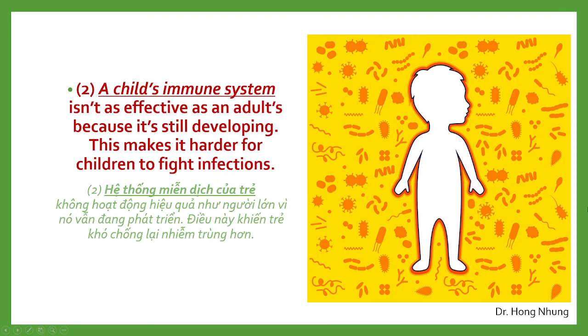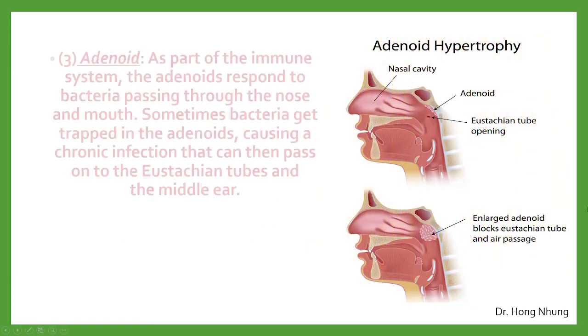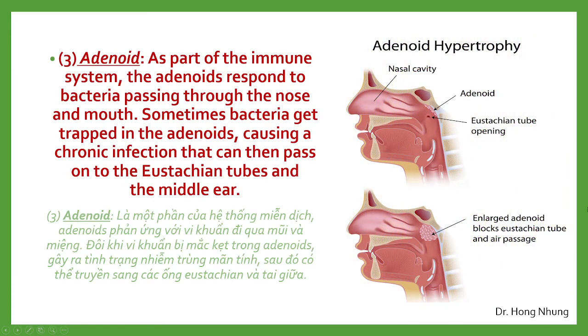2. A child's immune system isn't as effective as an adult's because it's still developing. This makes it harder for children to fight infections. 3. Adenoids.